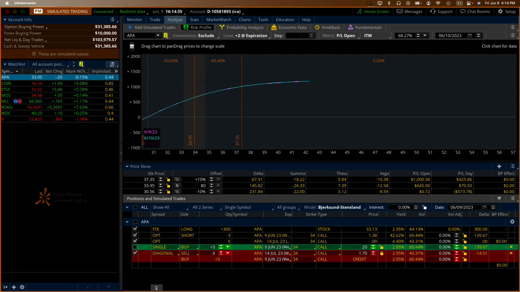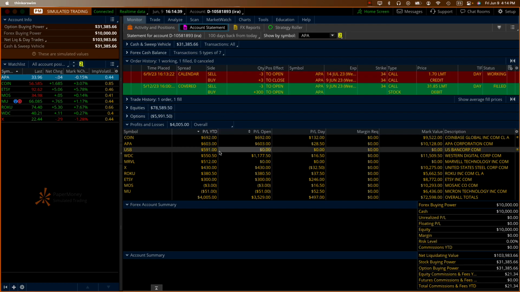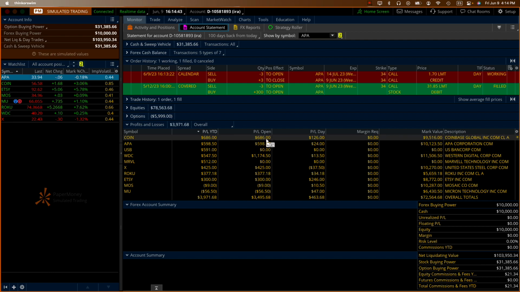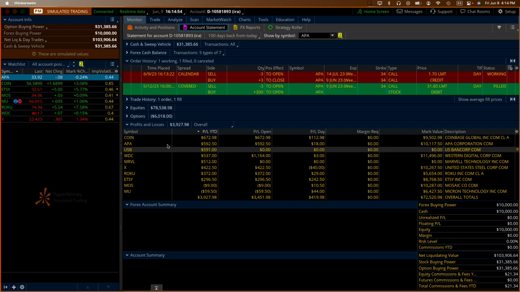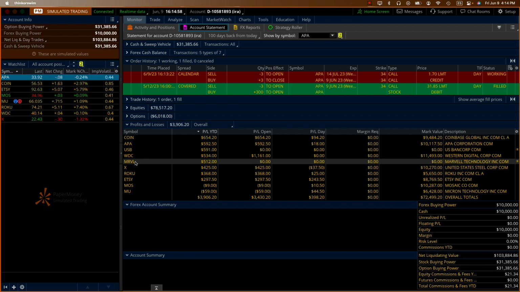Interestingly, let's go check out our monitor tab, account statement, and you'd remember, when was the first time we entered a trade here? Well, APA was entered on May the 12th. We have others that were really close. Let's see, Marvel.